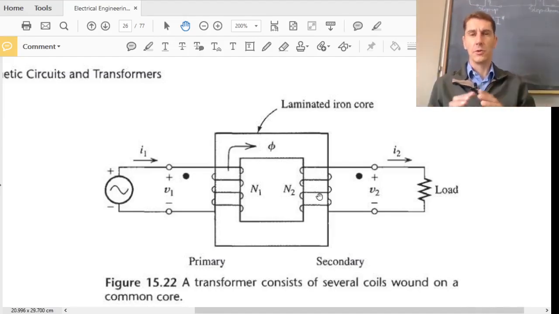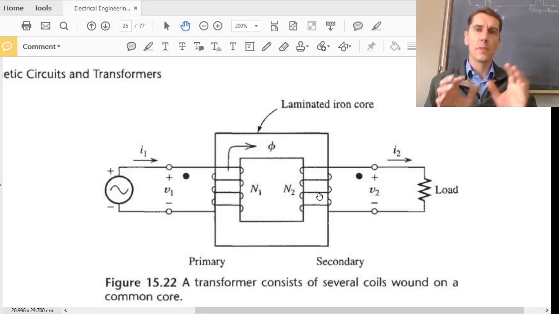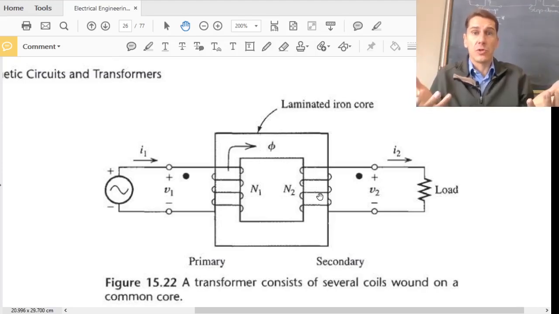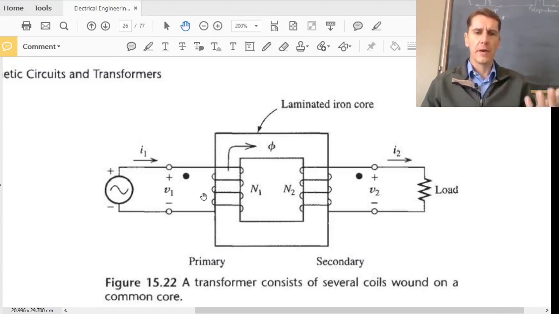So perhaps just an interlude. Primary and secondary has got nothing to do with high or low voltage side, because it depends on whether it's a step up or a step down transformer. Primary is always supply side, and secondary is always the load side.